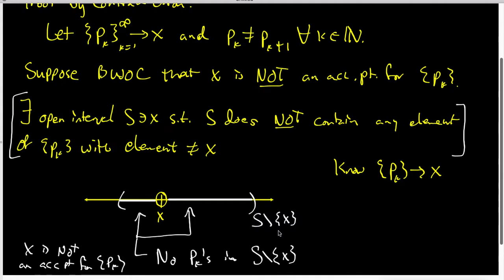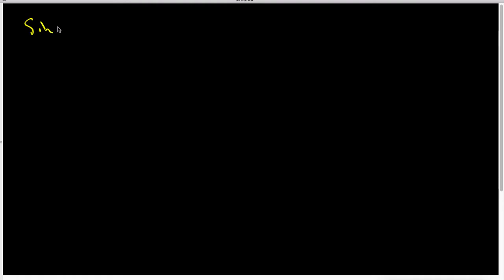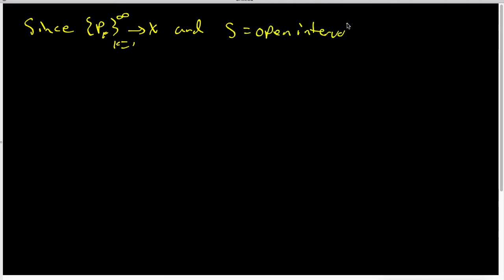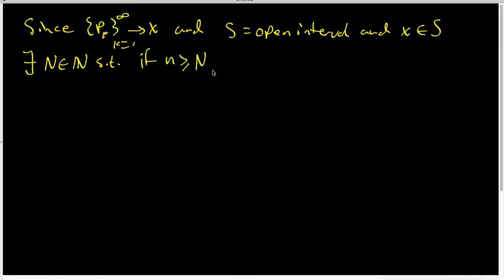And since the sequence of pKs is known to converge to X, and S is an open interval, and X belongs to that S, there has to be a capital N inside the natural numbers such that if little n is bigger than or equal to capital N, then P sub n has to belong to S. This is the definition of convergence.